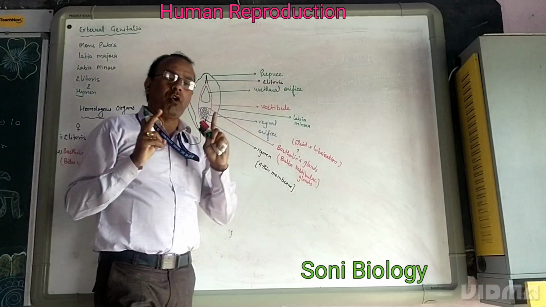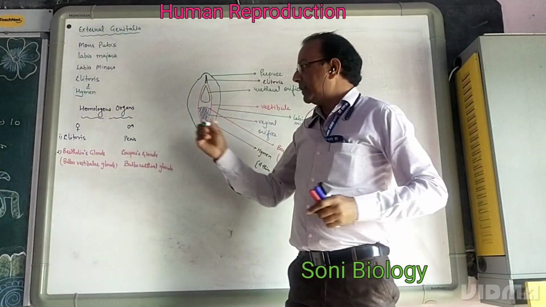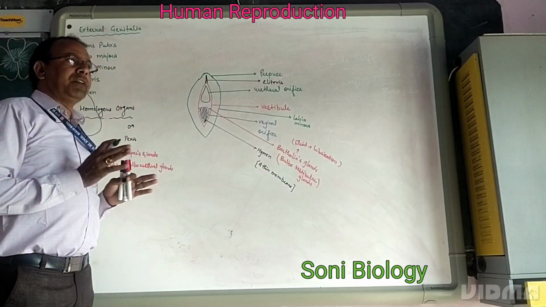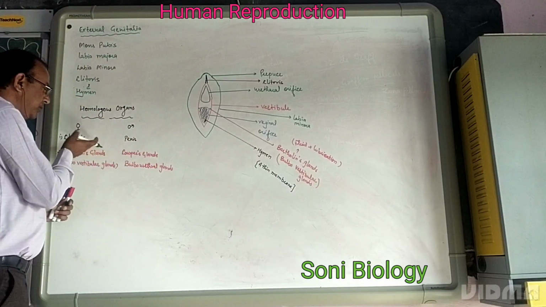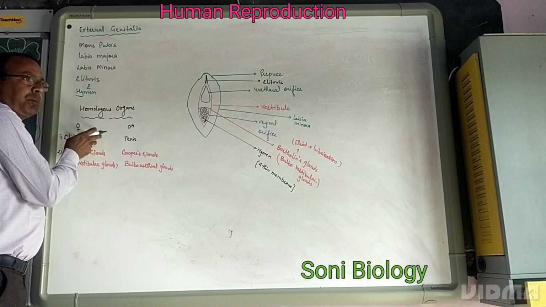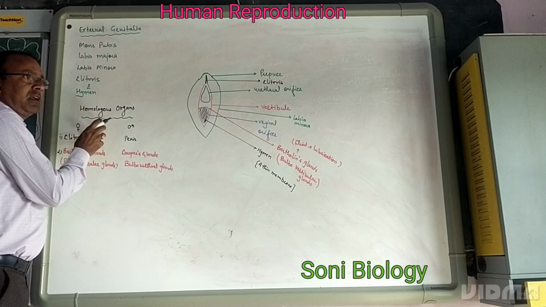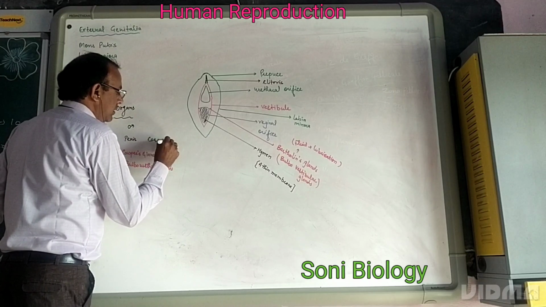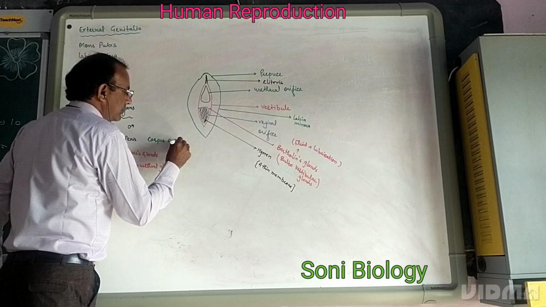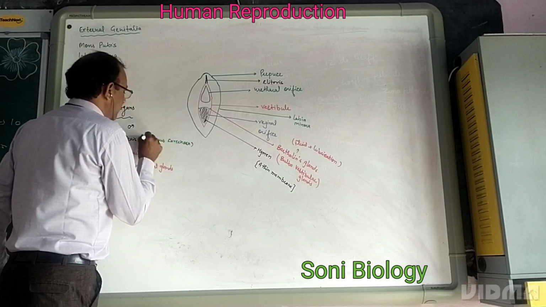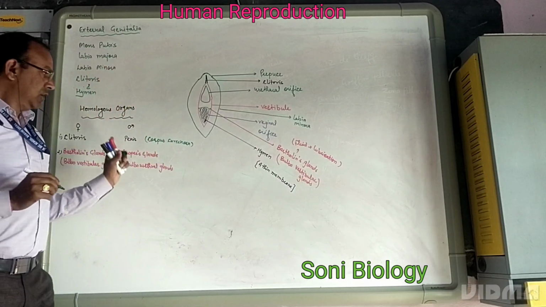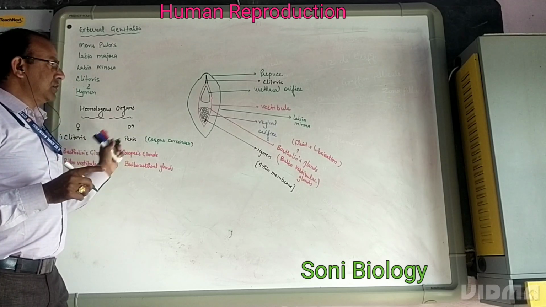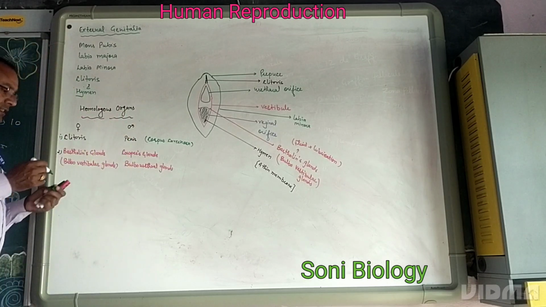Clitoris is the homologous organ to the male penis. Why? Because they have similar structure but perform different functions. What is the similar structure? They are made up of corpus cavernosa. This is the similarity on the basis of structure. So they have similar structure but perform different functions. So these are called homologous organs.